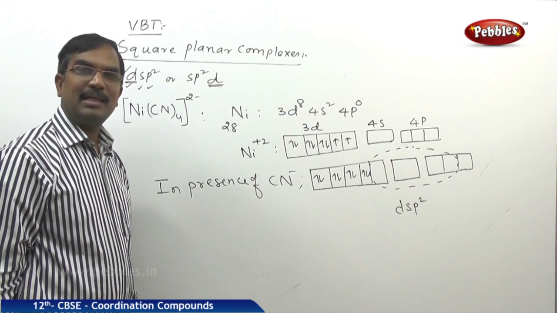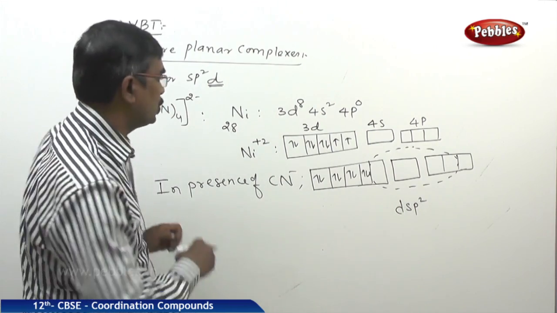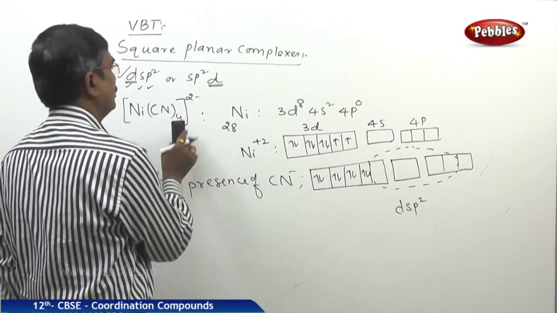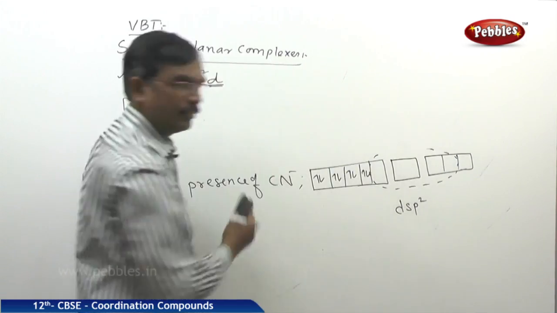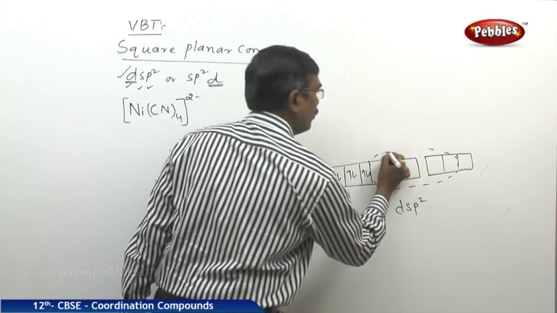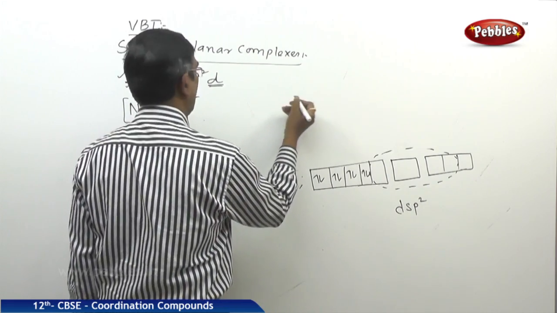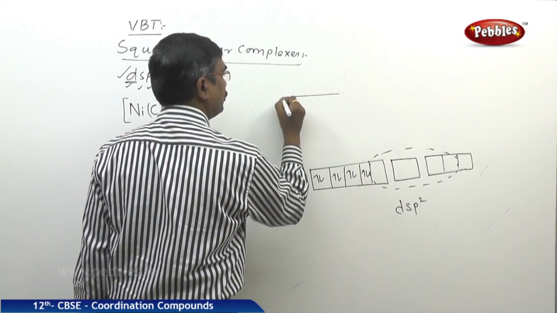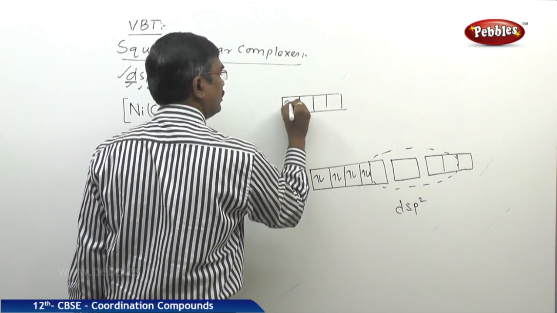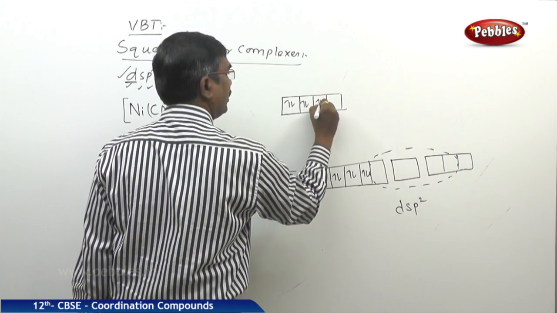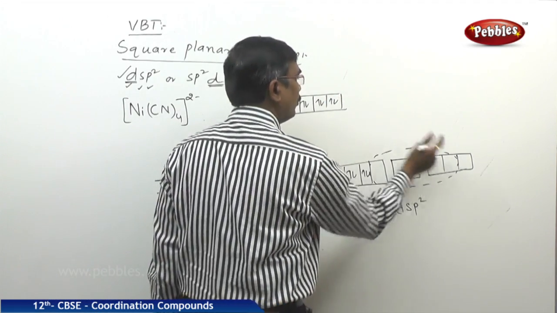We can show it like this: the 3d orbitals are all paired completely, and there are the 4 dsp2 orbitals, 1, 2, 3, 4.